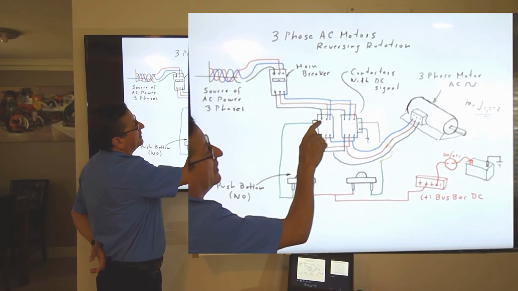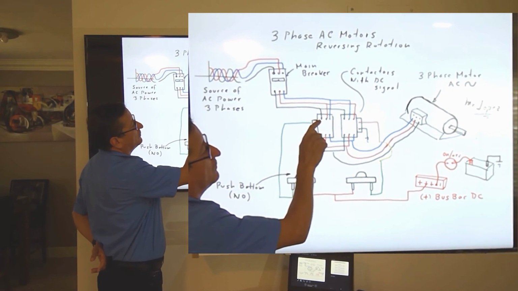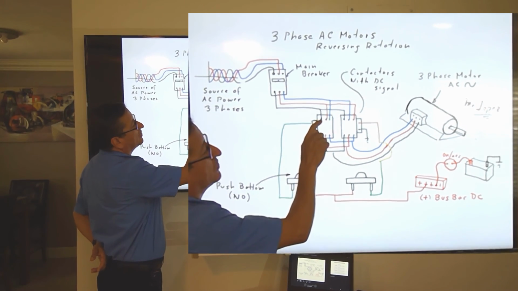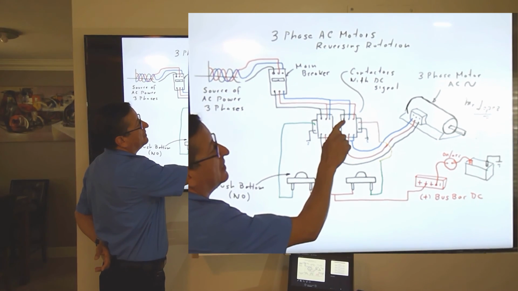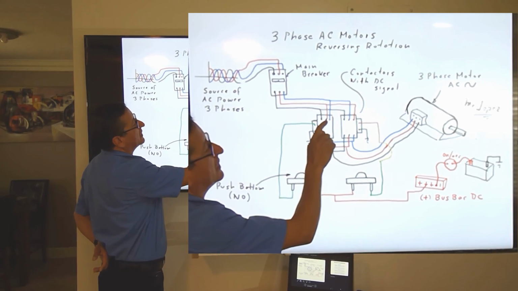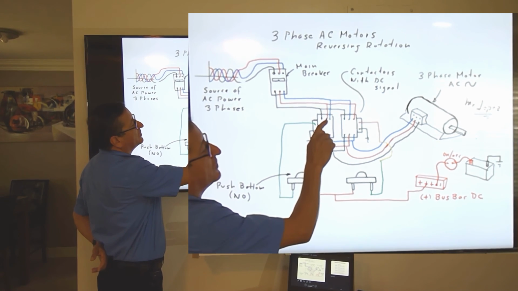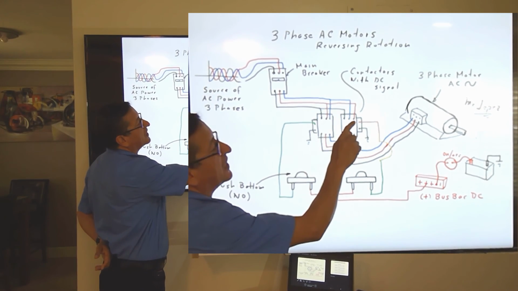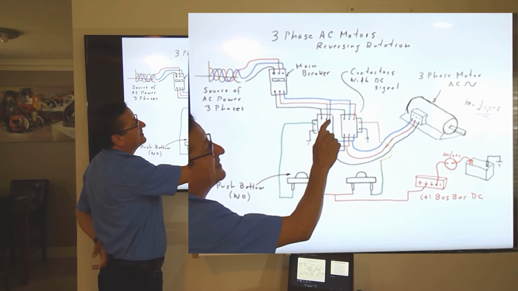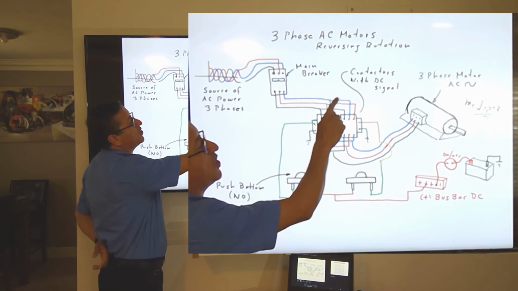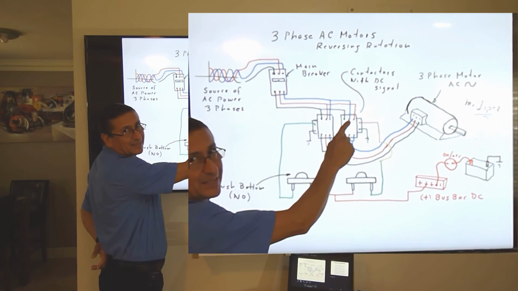The black one, in the first position of the first contactor, is connected with the first position of the second contactor. Black with black in first position. The red one in the first contactor goes into the third one in the second contactor.